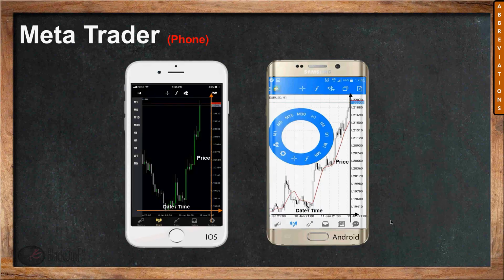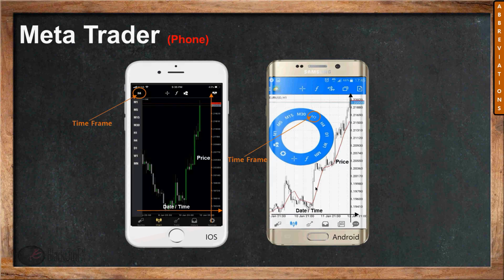On the phones, it's the same format as well. We have date and time on the bottom, and also for Android you have the price on the right hand side. For iOS, I think you have the time frames on the top left, and over here on Android you have it on radial selection.